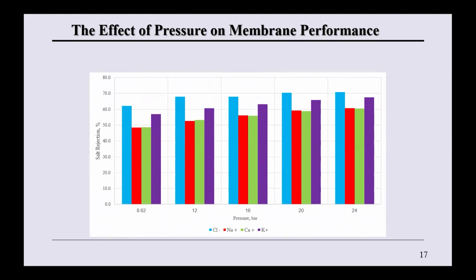So we can say that increasing pressure affects the removal positively. If we increase the pressure more than 24, the efficiency of the membrane will increase slightly.